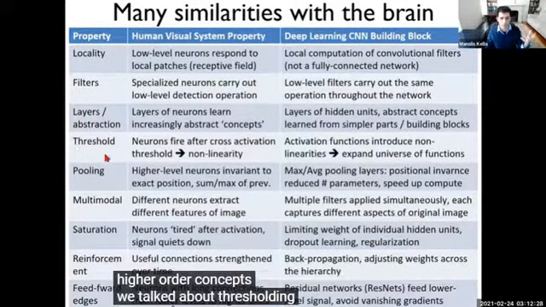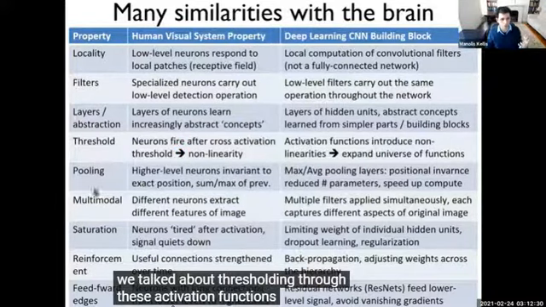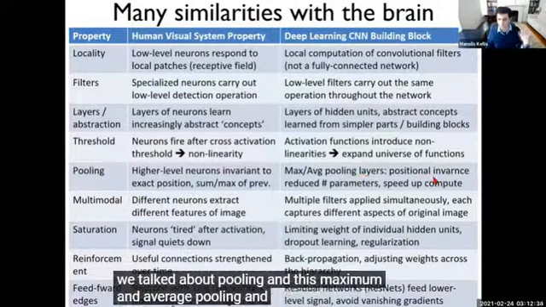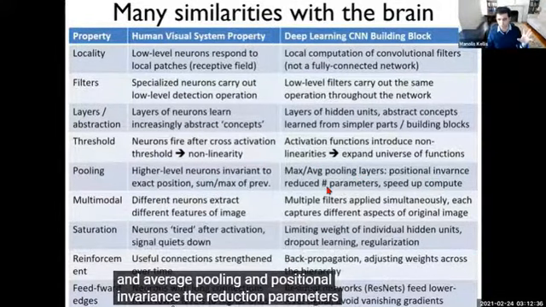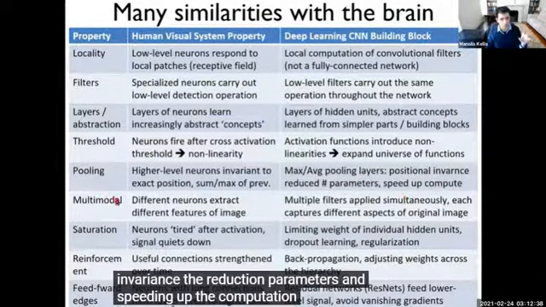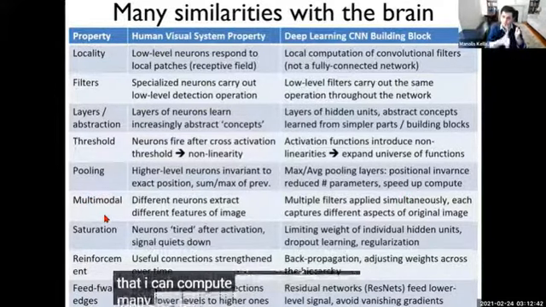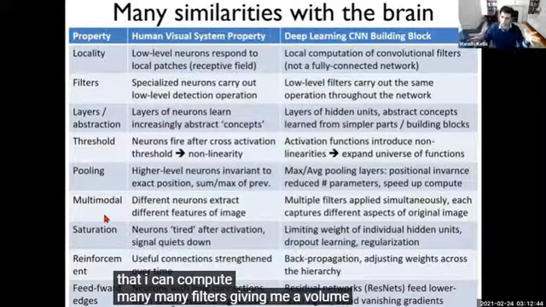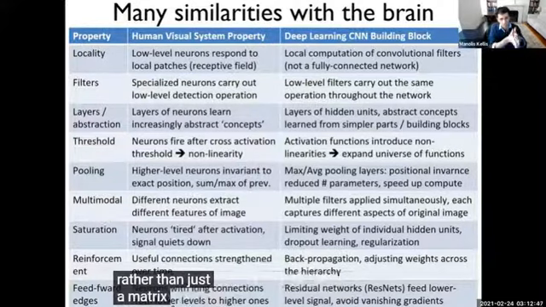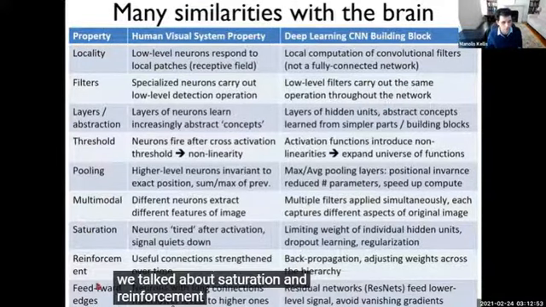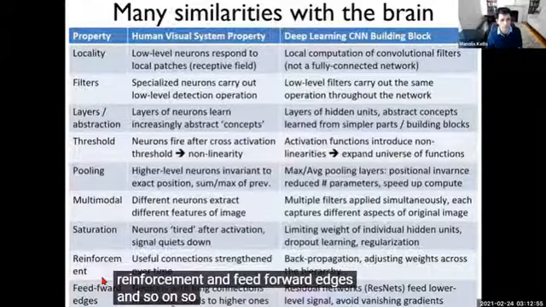We talked about thresholding through these activation functions. We talked about pooling, maximum and average pooling, and the positional invariance, the reduction in parameters and speeding up the computation. We talked about multimodality, the fact that I can compute many filters, giving me a volume rather than just a matrix at every layer of my network. We talked about saturation and reinforcement and feed-forward edges and so on and so forth.